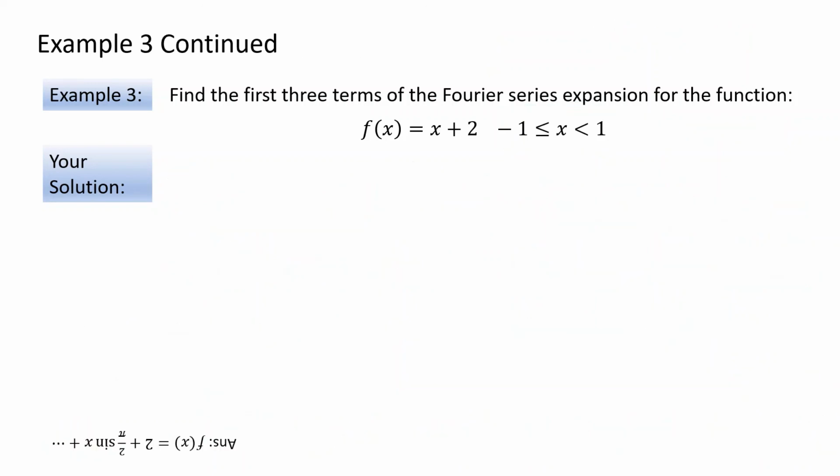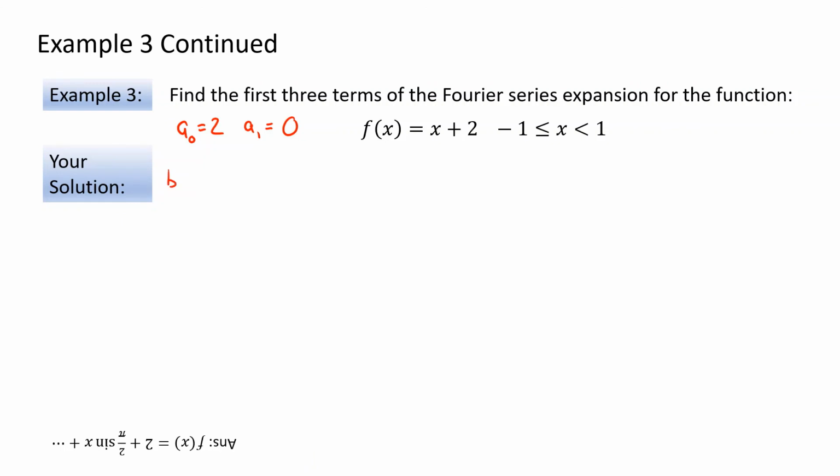All right, so we've calculated the first two terms. A0 was equal to 2. A1 was equal to 0. Okay, so our last term is now to calculate our B1.